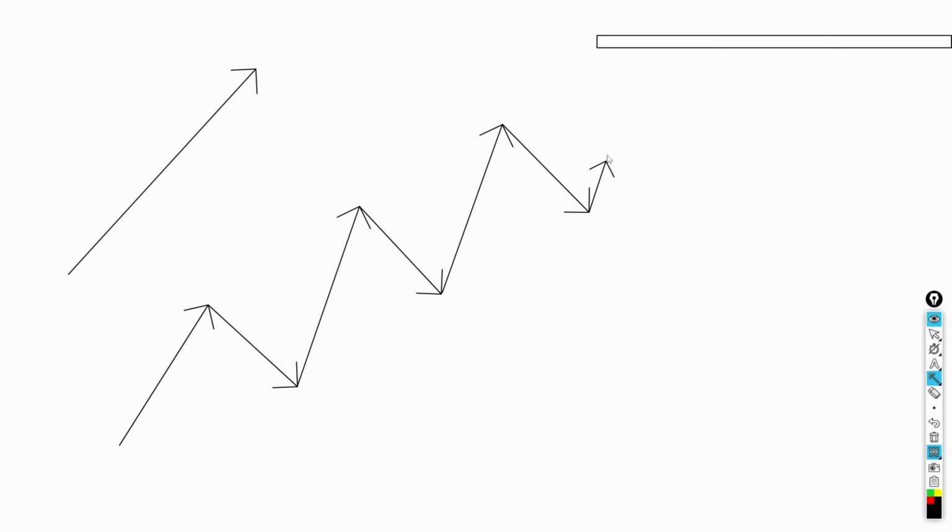So what you need is weakness in the uptrend like this, and after that you will have a candlestick confirmation like this. Then you can go for a trade. Suppose you have this move and here you got a reversal candlestick confirmation, but it does not break this recent swing low.